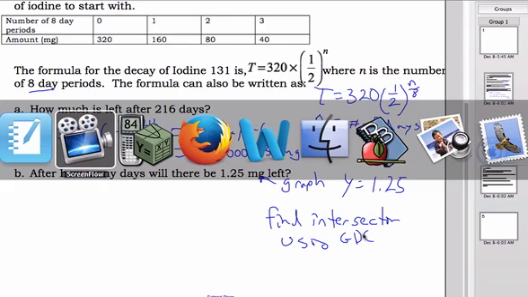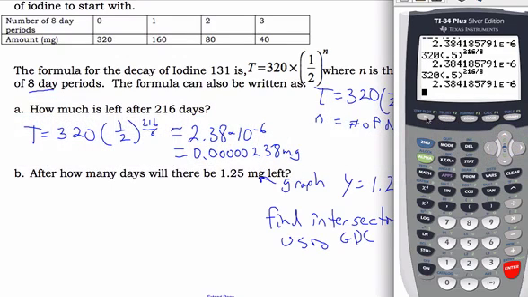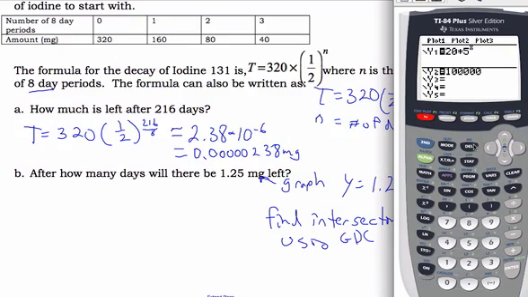So let's do that. Let's graph. So we need to graph 320 times half to the power of x divided by 8. Alright, and let's graph y equals 1.25.